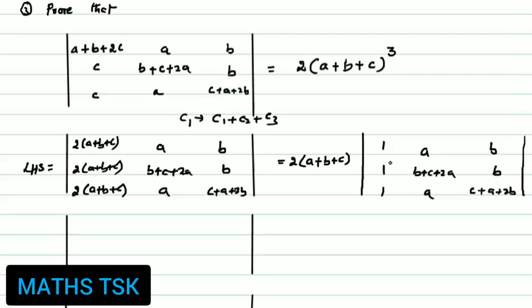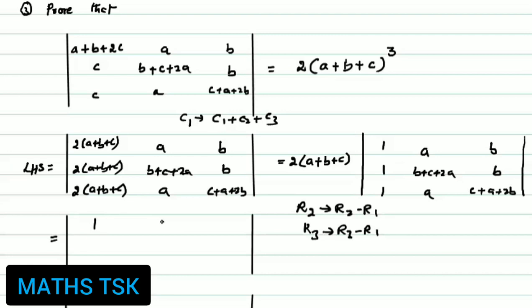You can do this: subtract C2 from C1 and C3 from C1, to get zeros in the second and third row elements. 1 is there in the initial stage, so I change R2 as R2 minus R1. Similarly, R3 turns to R3 minus R1. So there is no change in the first row.